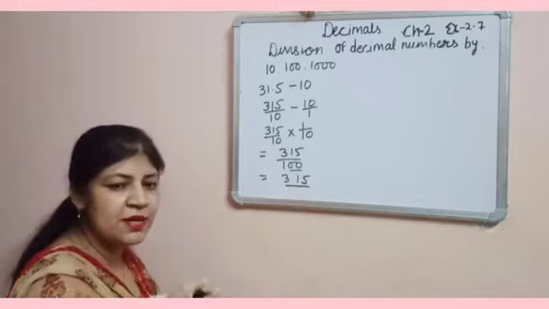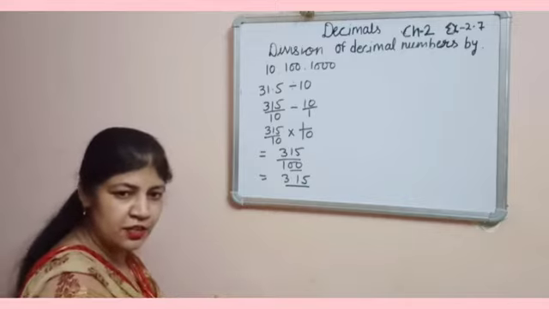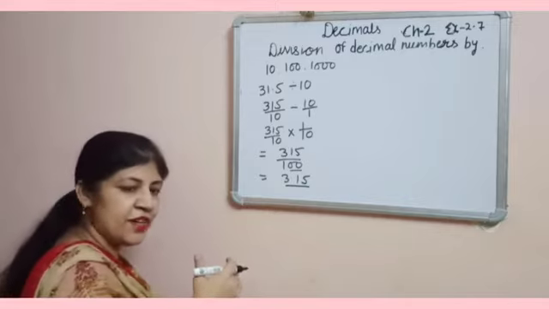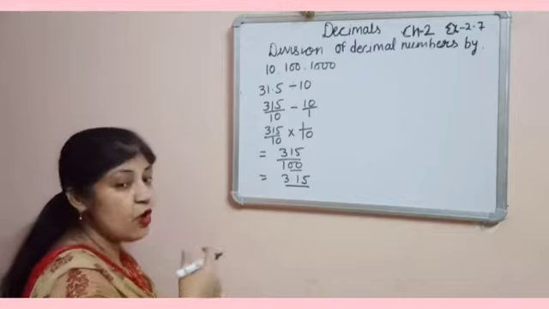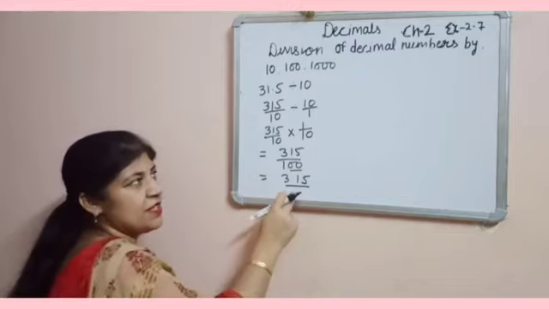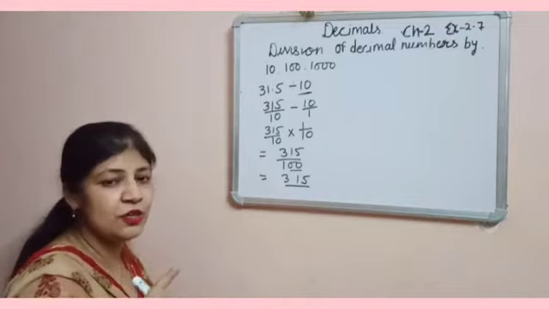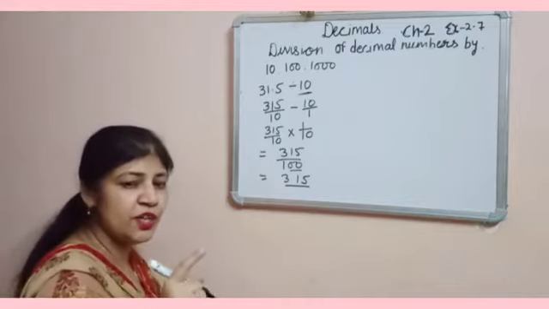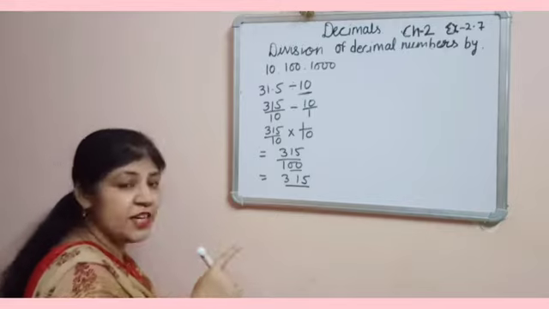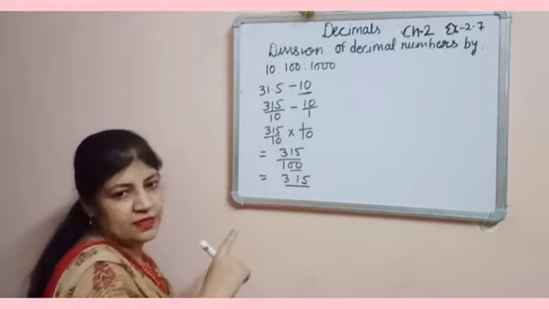Means the decimal has been shifted towards left hand side. How many places? 1 place. If you are going to divide by 10, 10 means 1 0. So decimal has been shifted towards left hand side by 1 place.